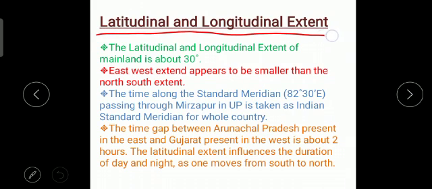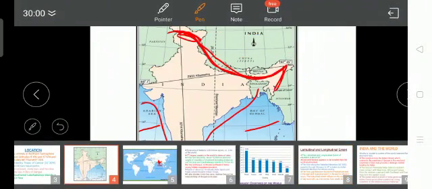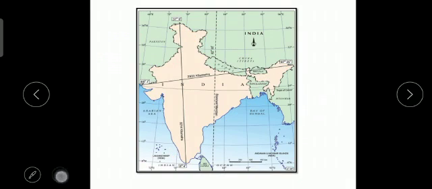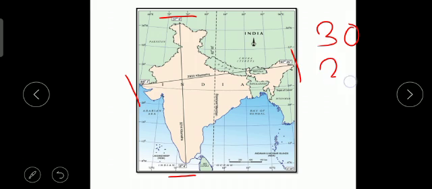Latitudinal and longitudinal extent. The latitudinal and the longitudinal extent of the mainland is about 30°. If we look at the latitudes and longitudes of India, we will find that there is a difference of 30°. How? 8 to 37, there is a difference of 30. Likewise, from 68 to 97, there is a difference of 30.